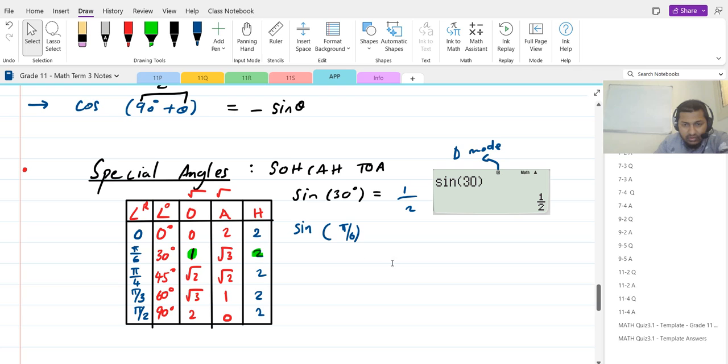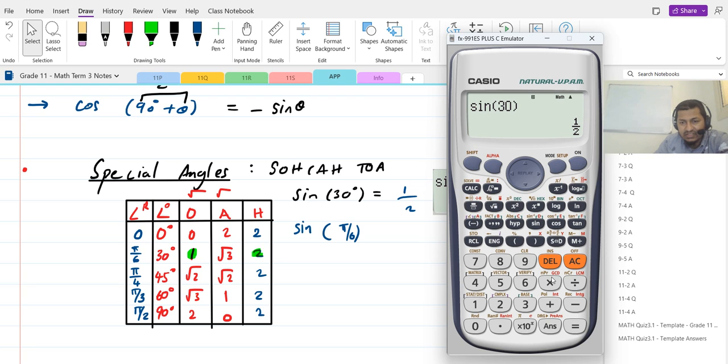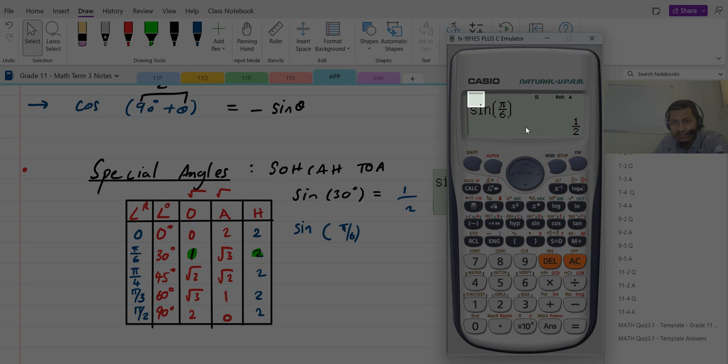Now try typing sine pi by 6 in the calculator. If it's in degree mode it gives me a funny answer. But if I change the mode, shift mode radians, option number 4, I get half. So we also get half here in radians mode.